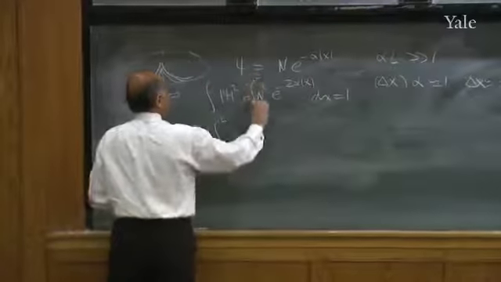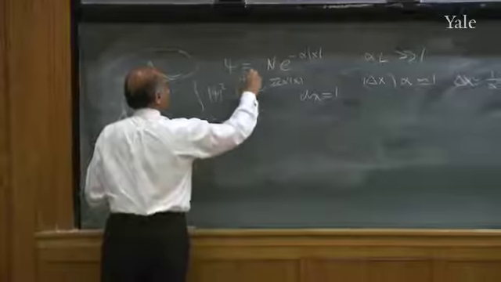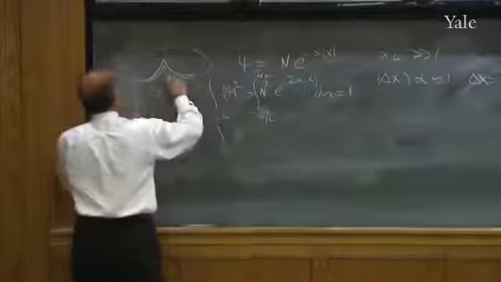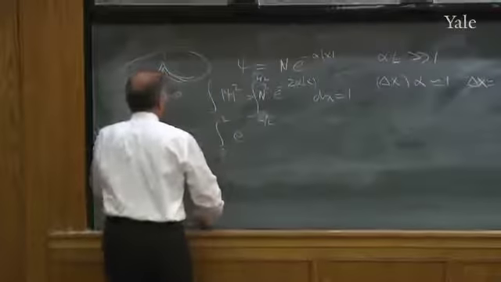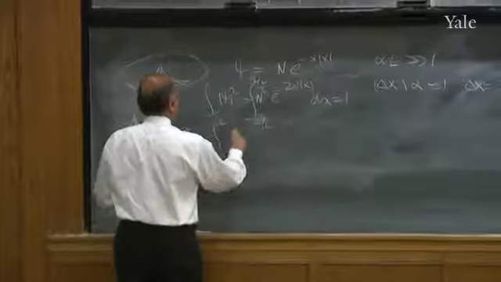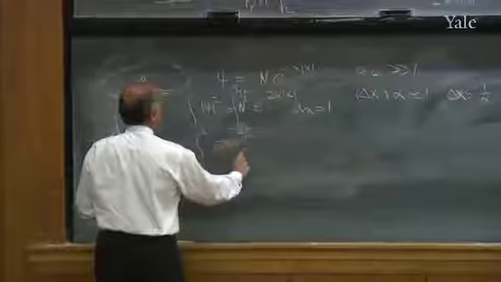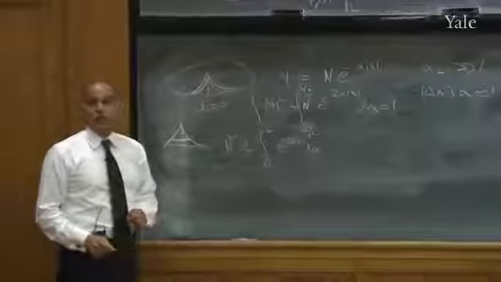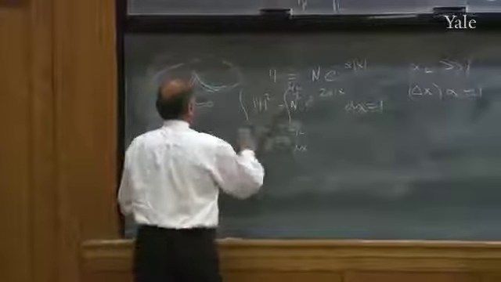Oh yeah, sorry, not minus infinity, it's minus L over 2 to plus L over 2, right? You can go this way L over 2, and you can go that way L over 2. So n squared is 2 times the integral of e to the minus 2 alpha x dx. Yes, thank you.